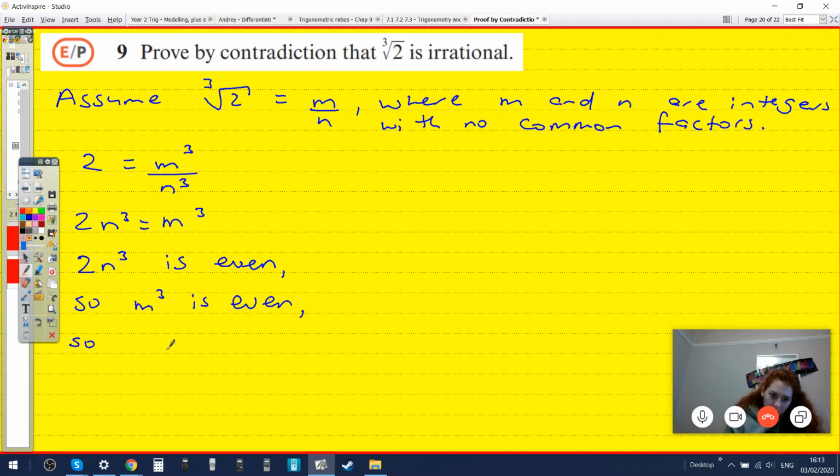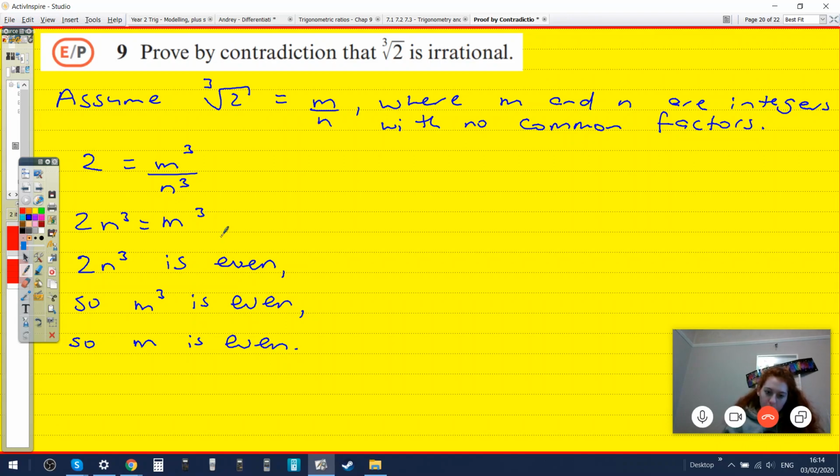And then because they're both even, they've got common factors. I would go further than that and say so m is even. Actually we have to show that m and n are even, not m cubed and n cubed, I think. So m is even.